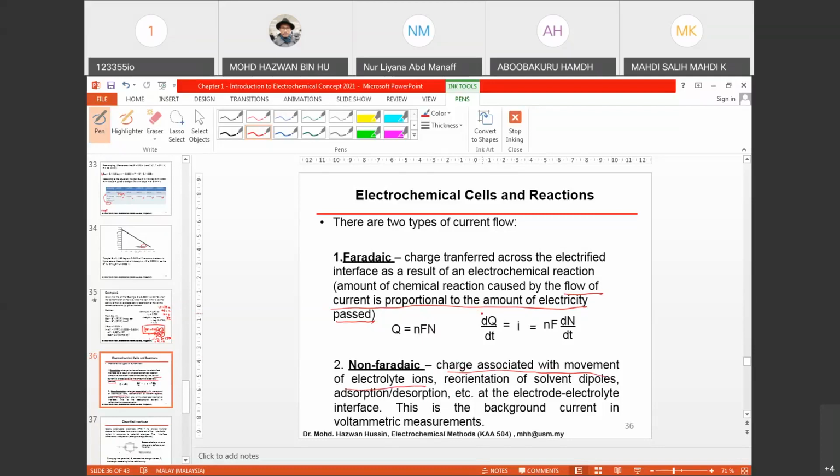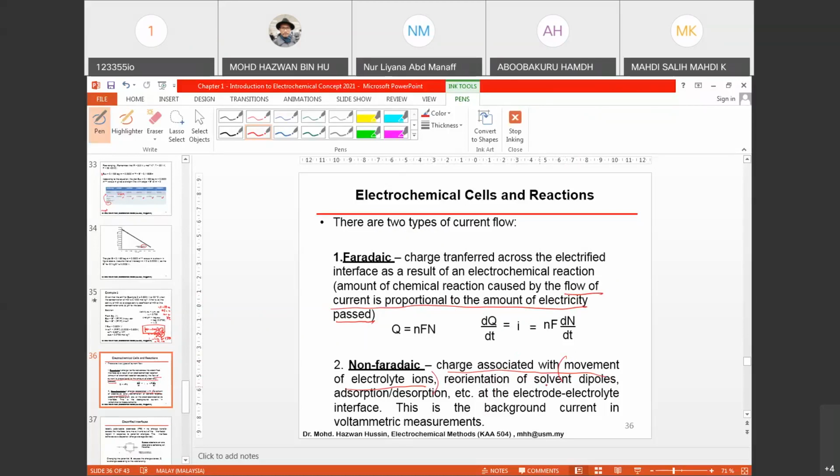So this will basically produce a non-Faraday current. It's not the same as Faraday current. Faraday current is more objective. You have how much current is flowing as a result of how much charge is being passed through. Meanwhile, non-Faraday is always related with other effects related to the movement of electrolyte ions.